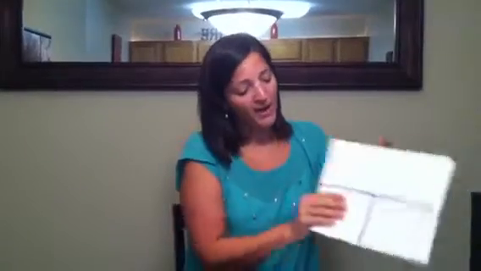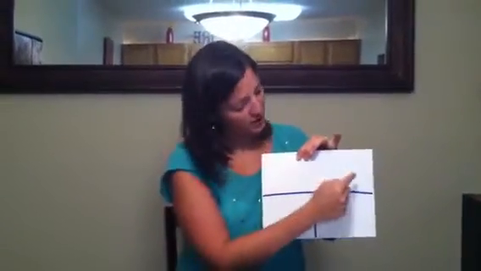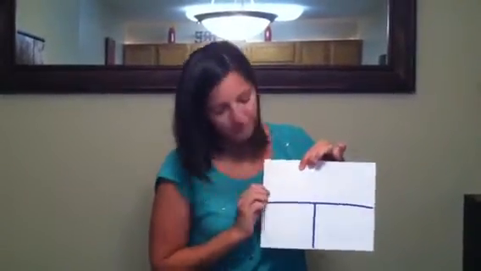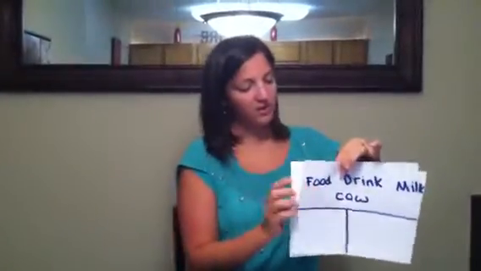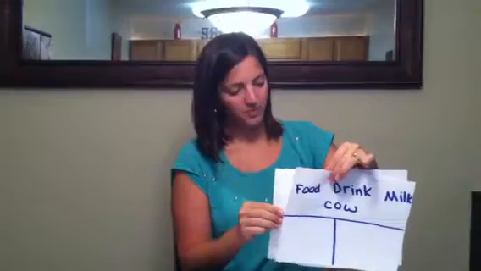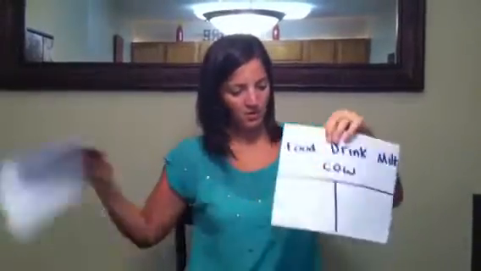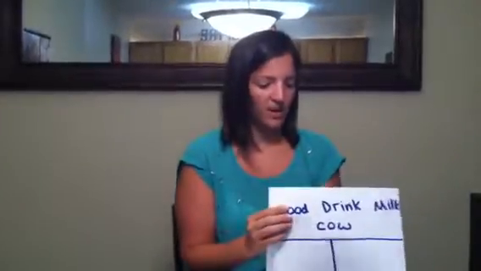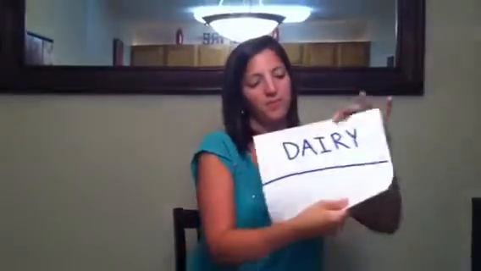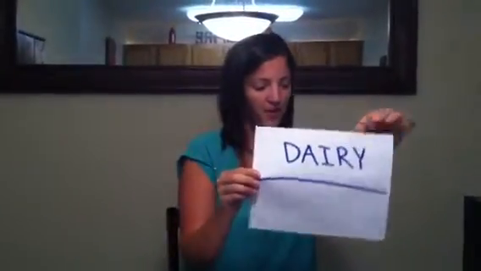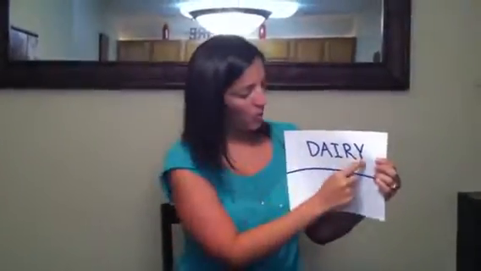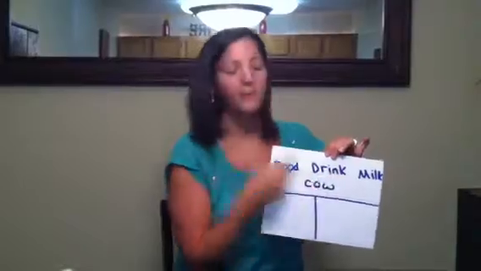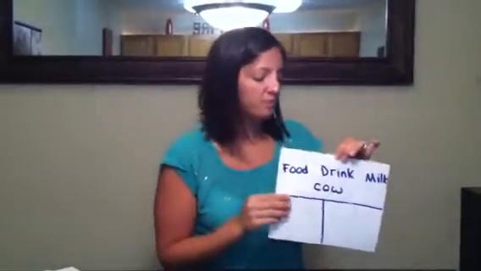So on the back, you're going to write food, drink, milk, cows. The back of your paper should look like this, and the front should look like this. So we have our word that we're defining, and then some more words that will help us remember our definition.